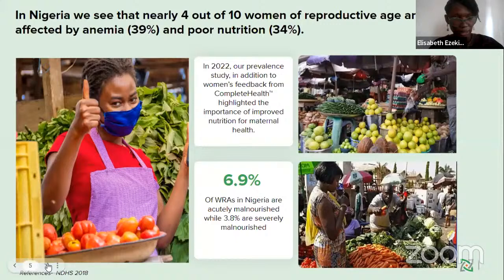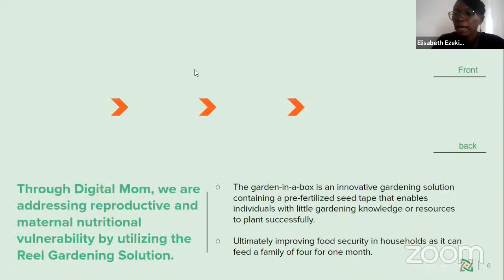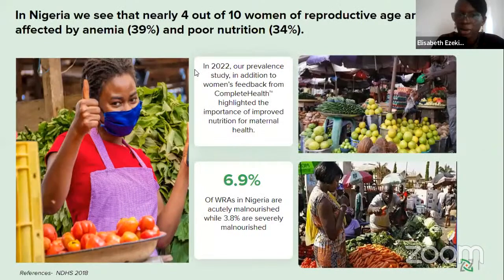Why are we focusing on nutrition, right? What's the data? What are the numbers showing us? We see that in Nigeria, from statistics, nearly 4 out of 10 women and poor nutrition. In 2022, we conducted a prevalence study who used Complete Health, and we saw the importance of improving nutrition to be able to drive improvements in maternal health.